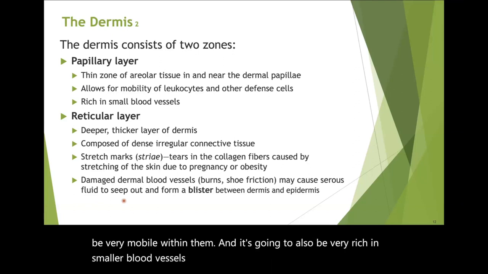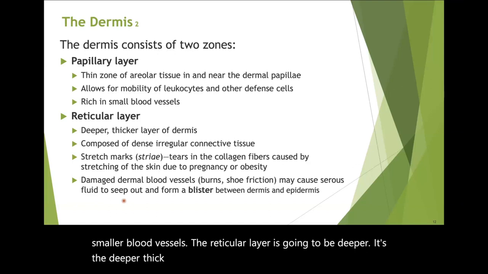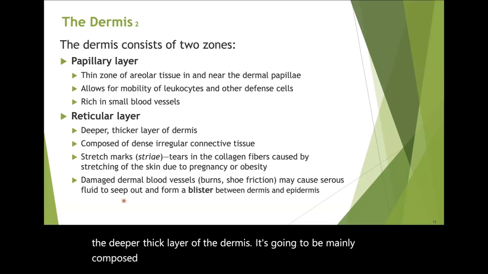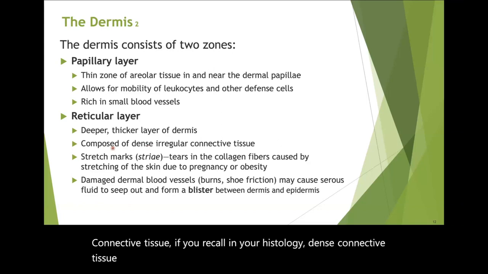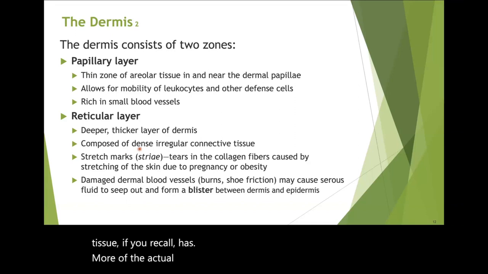The reticular layer is going to be deeper. It's the deeper, thick layer of the dermis. It's going to be mainly composed of dense, irregular connective tissue. If you recall in your histology, dense connective tissue has more of the actual fibers and less of the actual fluid, so it's going to be more dense.